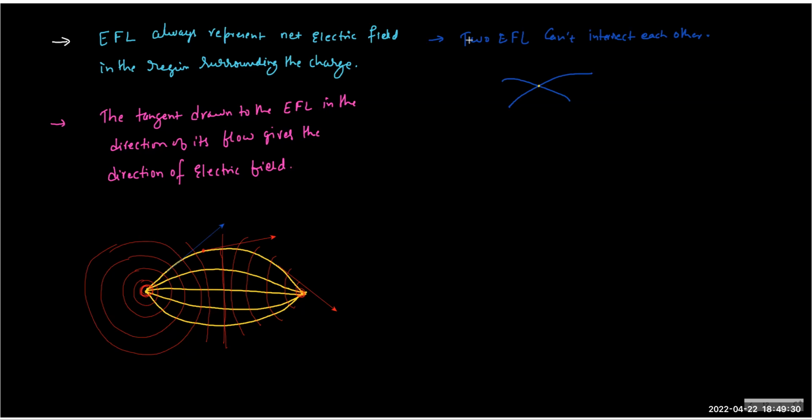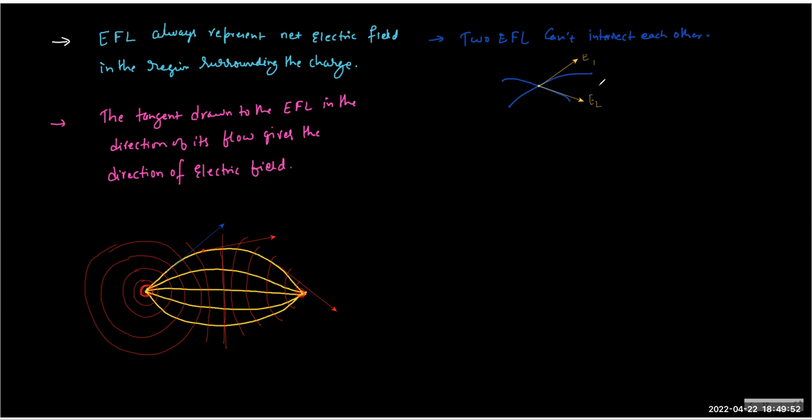Let's say if they intersect, what will happen? We can draw two tangents. But if I draw two tangents, it means we have two field directions at one point. And this is not the property of field lines. We cannot have two directions at one point, isn't it?